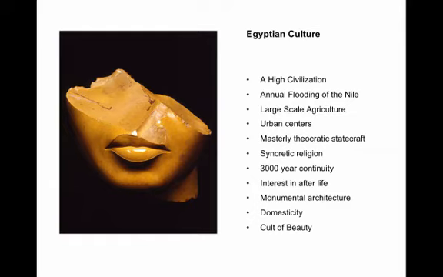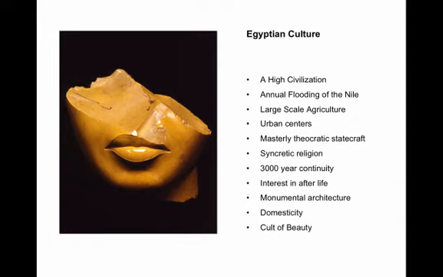So with Egypt, it's a high civilization, with annual flooding of the Nile making possible this large-scale agriculture, major urban centers, some of which are just now being discovered. Whole areas of the desert, sophisticated satellite surveillance is saying, wow, they're going out and digging up whole new cities.